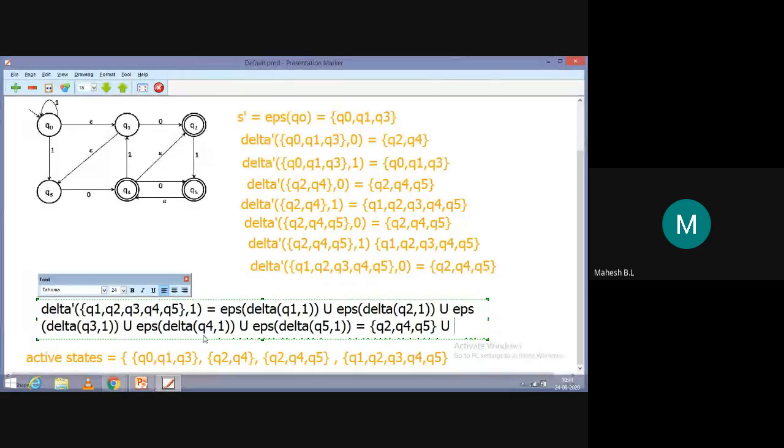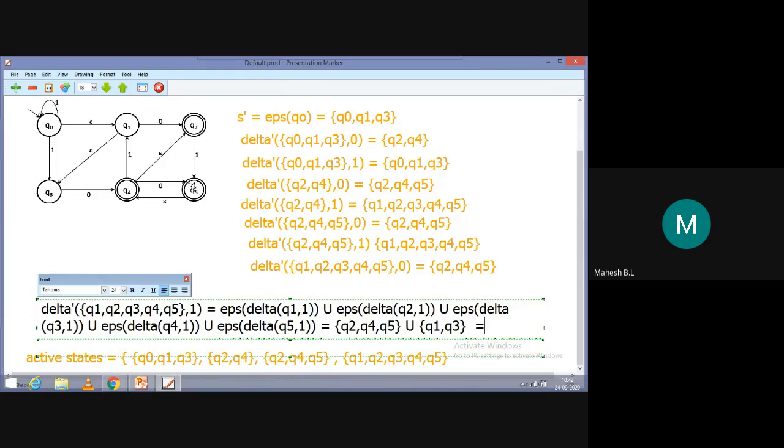Q3 on 1 is not defined. Q4 on 1 is Q1. What is epsilon of Q1? Q1, Q3. So we get Q1, Q3. Then Q4, 1 is done. Next Q5, 1. Q5 on 1 is not defined.